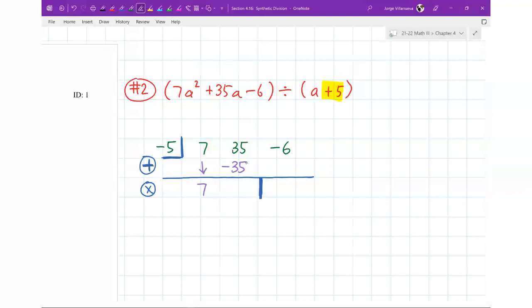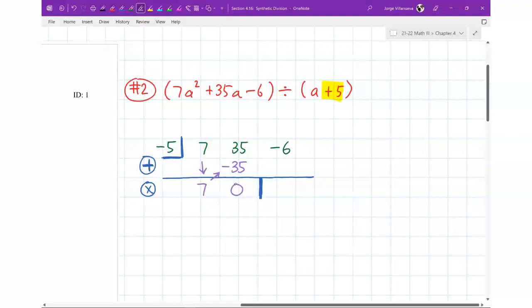Okay? So I'm going to kind of put a little arrow right like this just so you can see it. Now, I have to add, right? You see how it says plus on that line? So 35 plus negative 35 is what? That's 0. So I'm going to put 0.